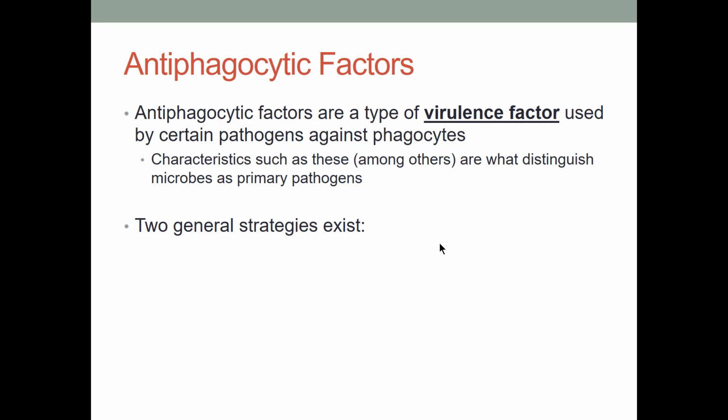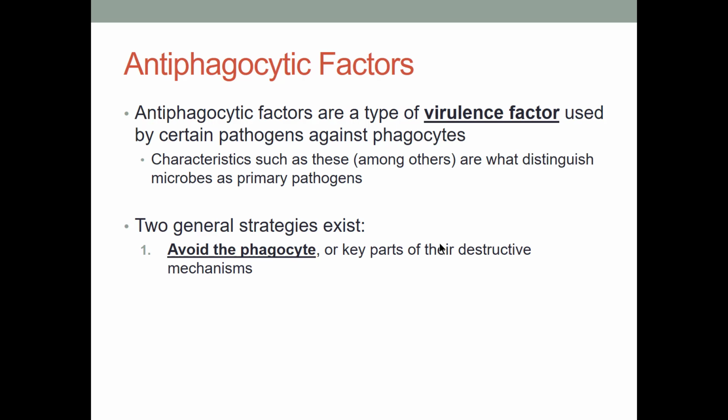Now, when you start looking at primary pathogens or true pathogens, one of the things they can do is actually fight back, so to speak. There's a class of mechanisms referred to as antiphagocytic factors. This is a broad idea of a virulence factor that can essentially mount a defense against these phagocytes. So just a couple of general strategies here. Number one is you avoid the phagocyte and you kind of play hide and seek or run away.